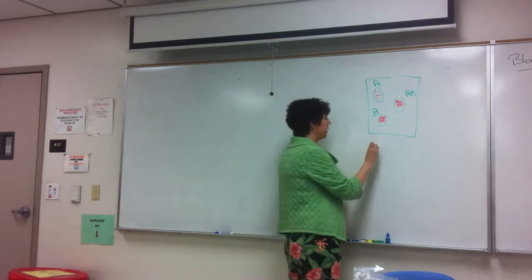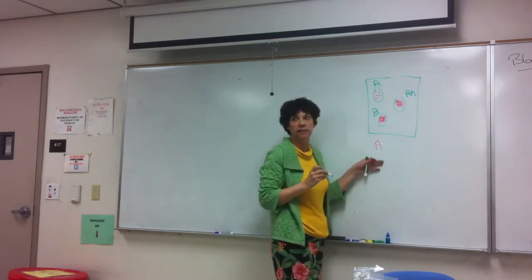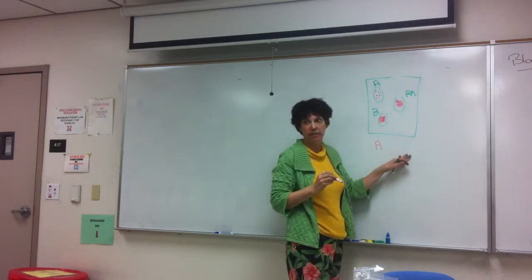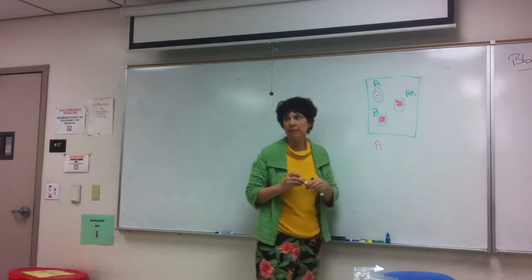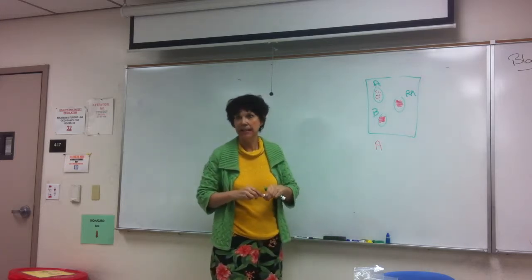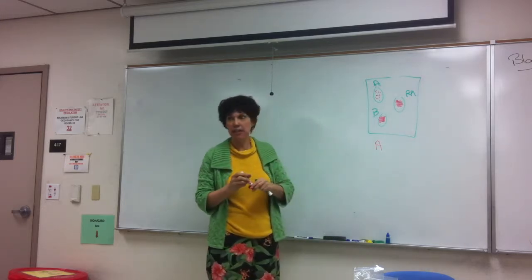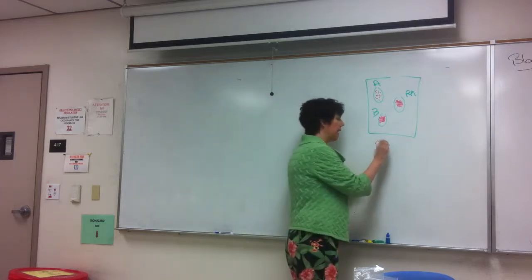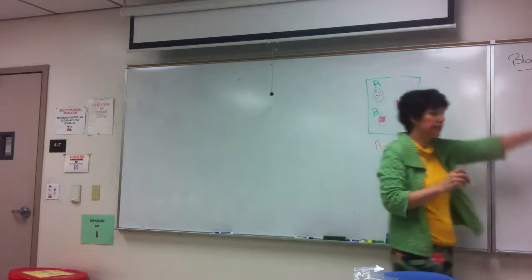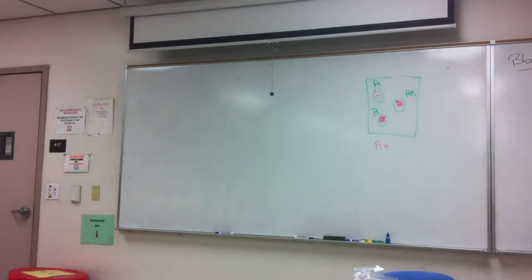Do I have B antigen? No. Do I have D antigen? No. So if all I have is A antigen, what's my blood type? A. Okay? If I have the D antigen, what's my blood type? A positive. Okay? So let's come back over here and fill in this chart now, including our D antigen.